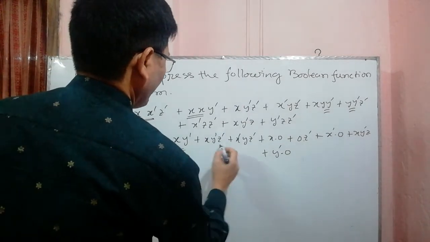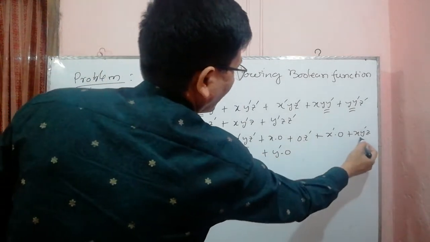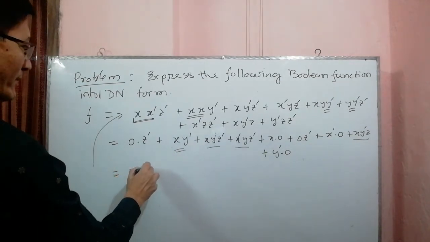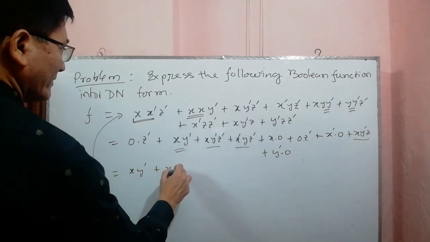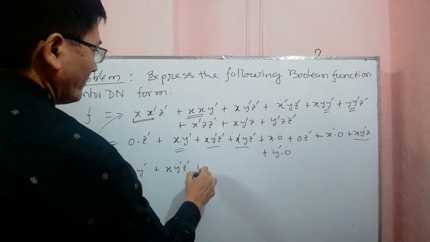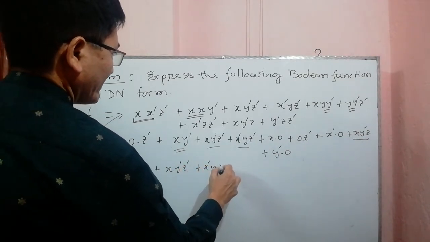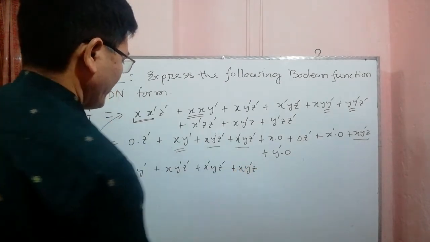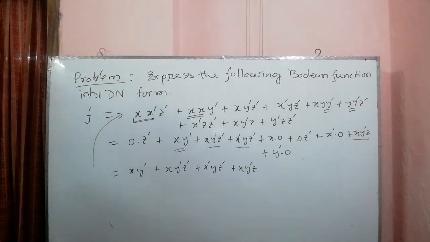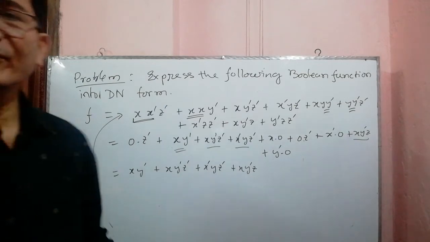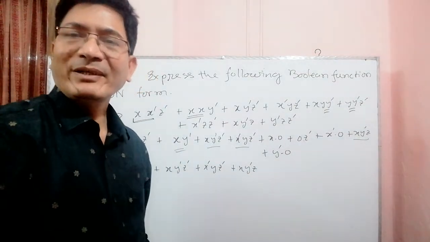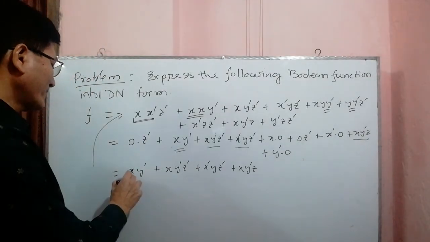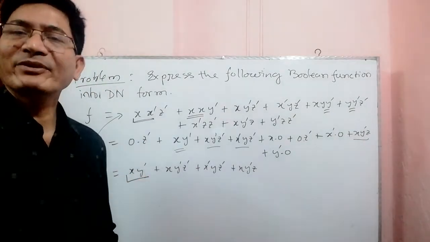Dear students, we have these terms: x, y prime, plus x, y prime and z prime, plus x prime, y and z prime, plus x, y prime and z. Dear students, these four terms we have by simplification, and we are observing that in the first term there exists a missing variable.